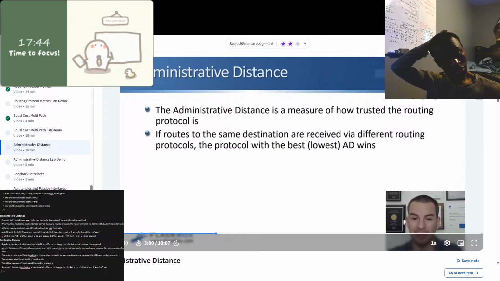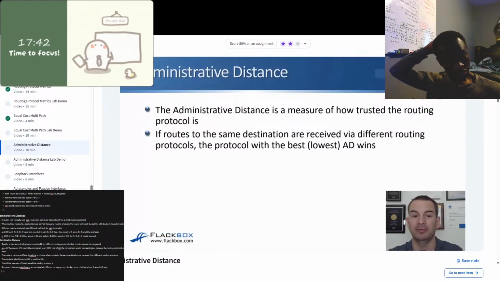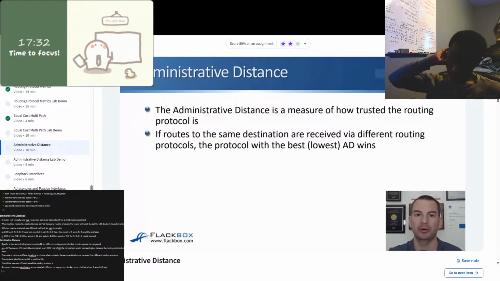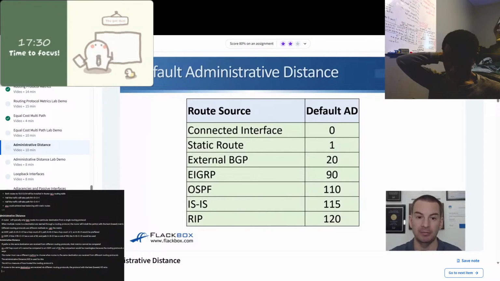If routes to the same destination are received via different routing protocols, the protocol with the best, which is the lowest AD value, wins. So with the metric, the lowest is best. With AD, it's the same, the lowest number is best. And this slide here shows the default AD values of our popular routing protocols.